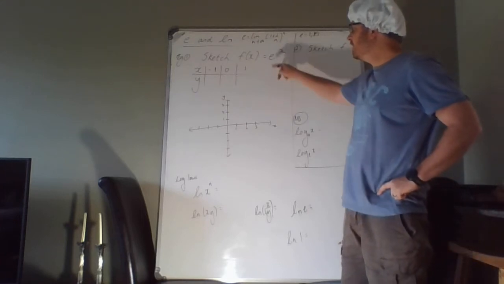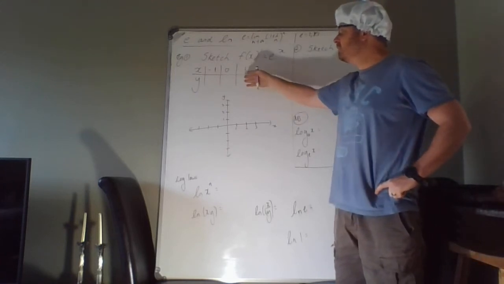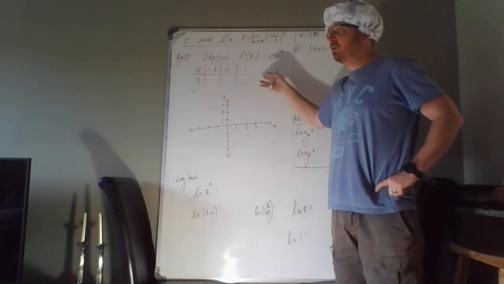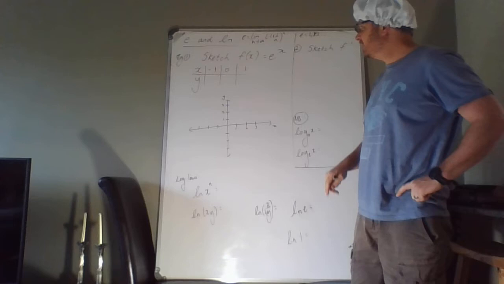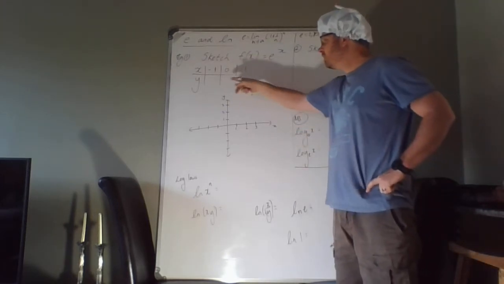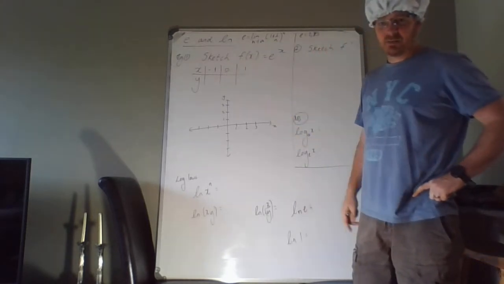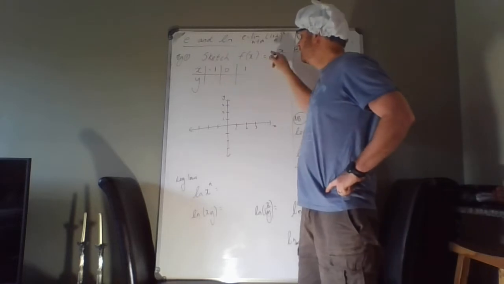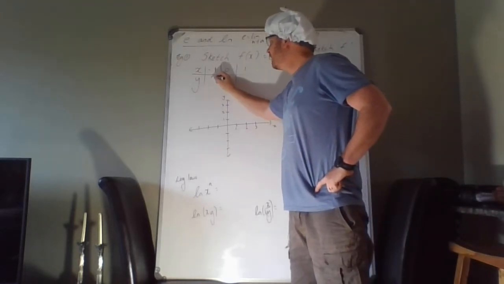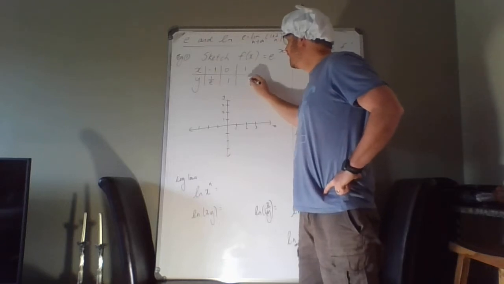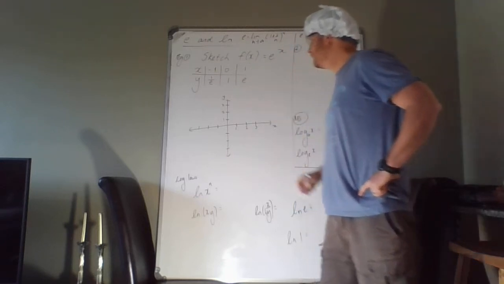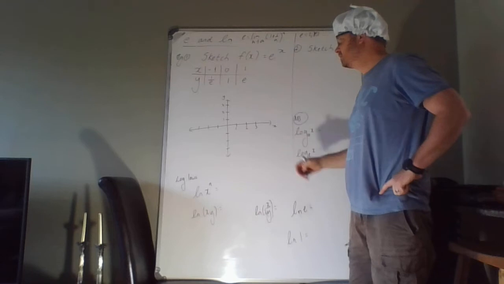With an exponential graph, to get an idea of what's going on, I always substitute in -1, 0, and 1, giving answers in terms of e. So e^-1 is 1 over e, e^0 is 1, and e^1 is e, which is approximately 2,72.